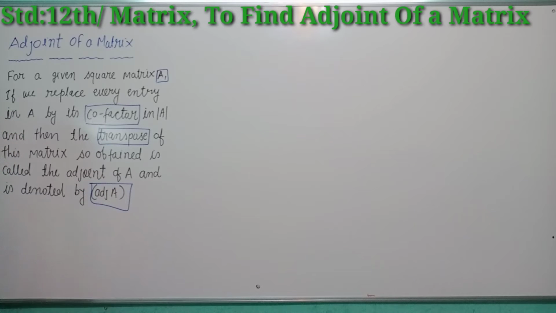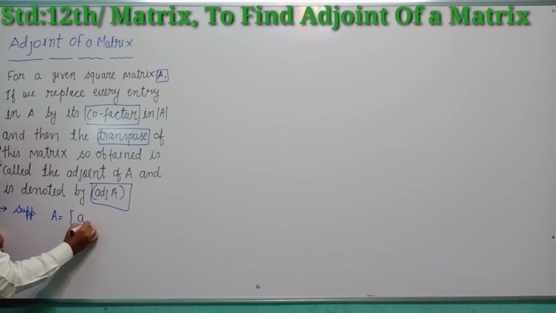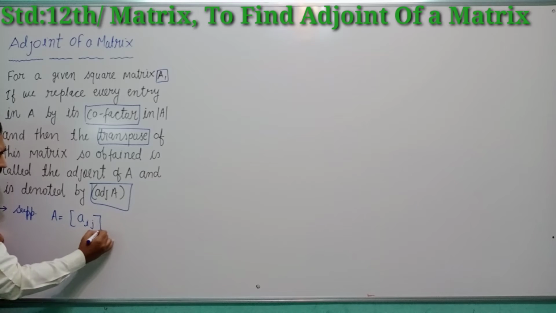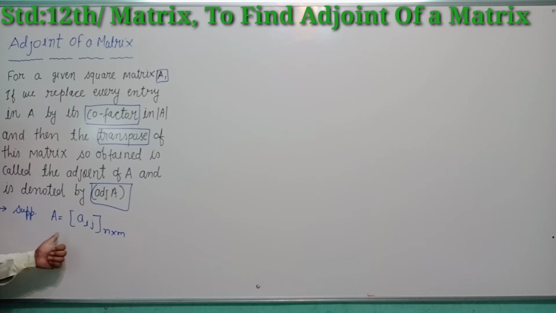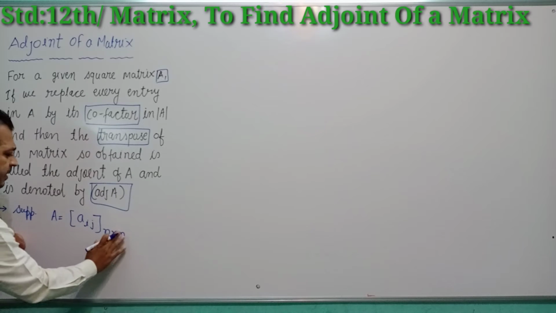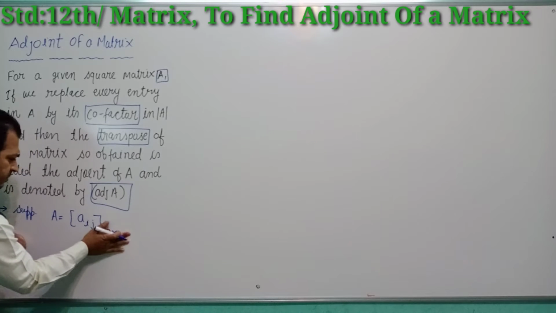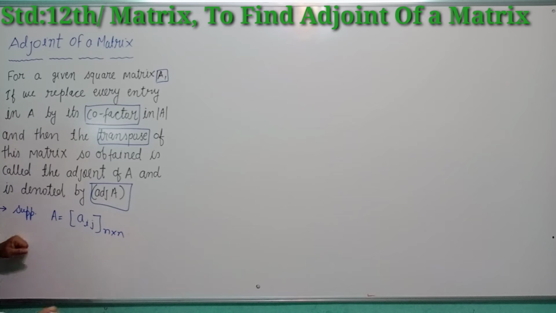Let us move on to an example. Suppose you have a matrix A with elements a_ij, of order n by n.